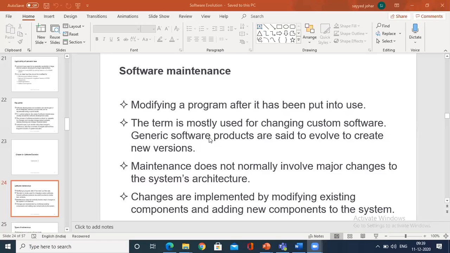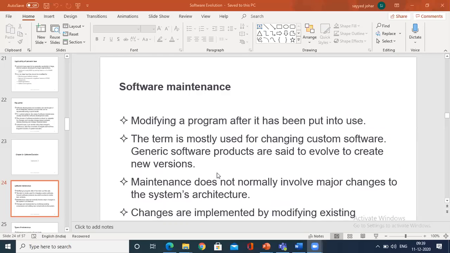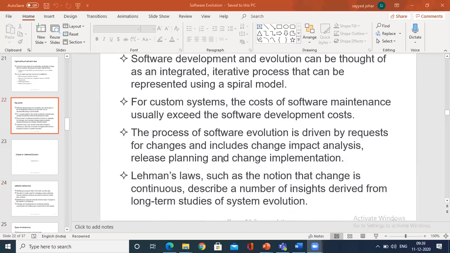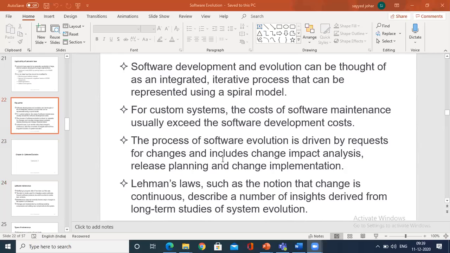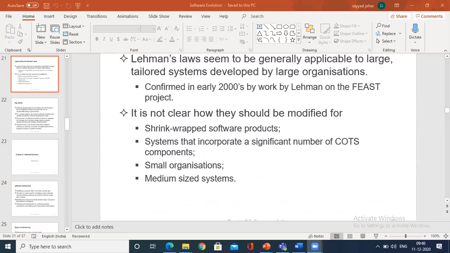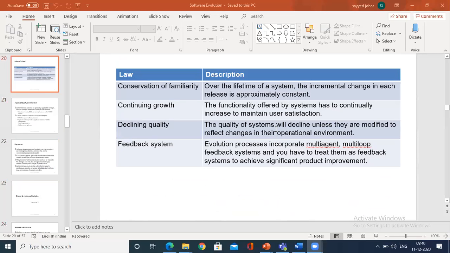Then the fourth law, fifth law. There are 5 basic laws of Lehman. You can refer to the book to explain Lehman's laws, because when you explain program evolution dynamics using Lehman's laws, it is not that you simply draw the table and show it. You have to explain one by one what the first law, second law, third law are.